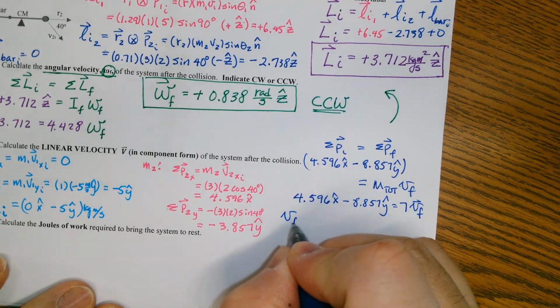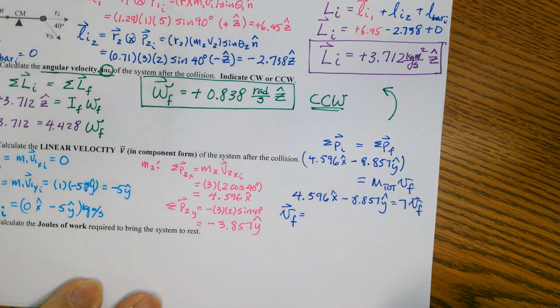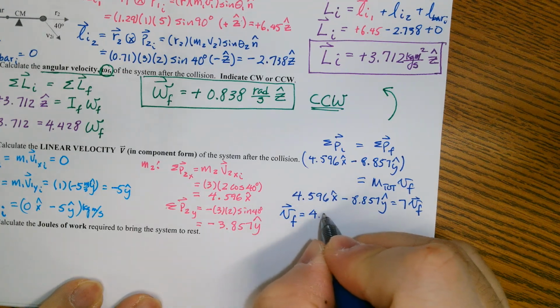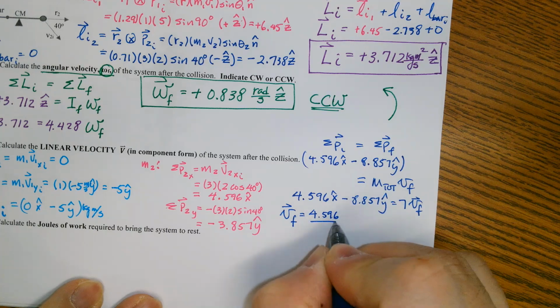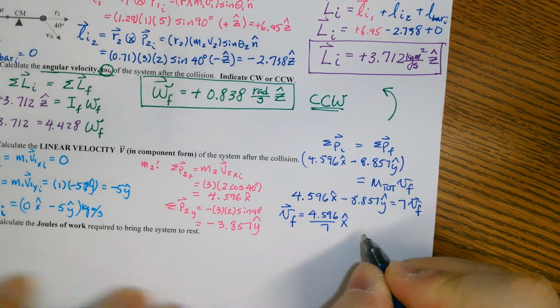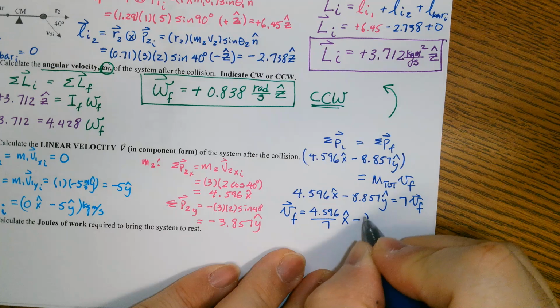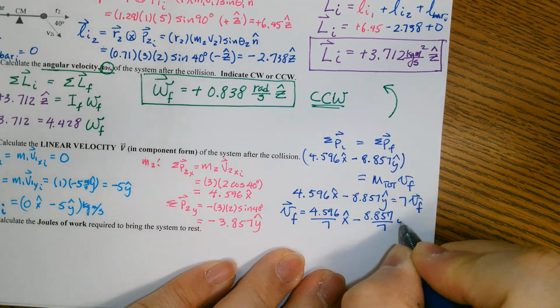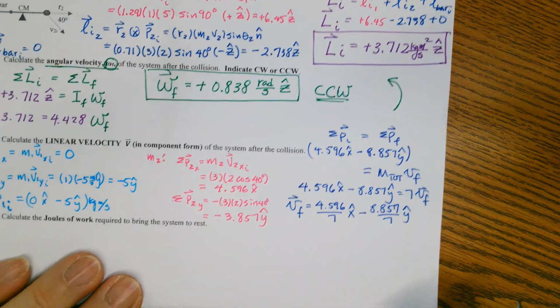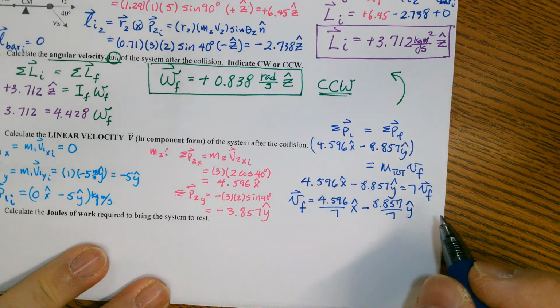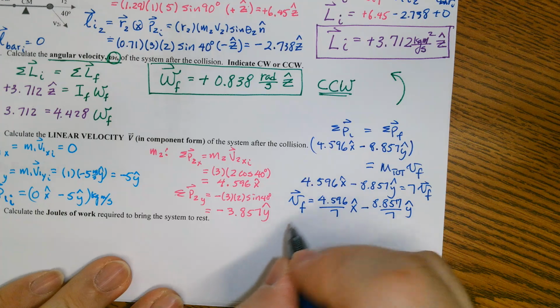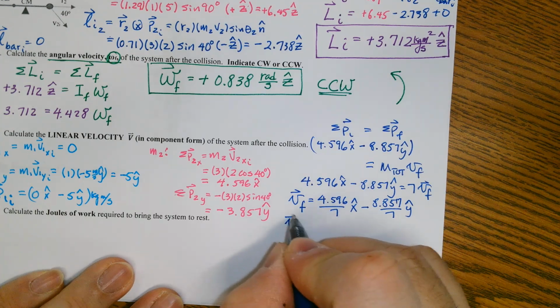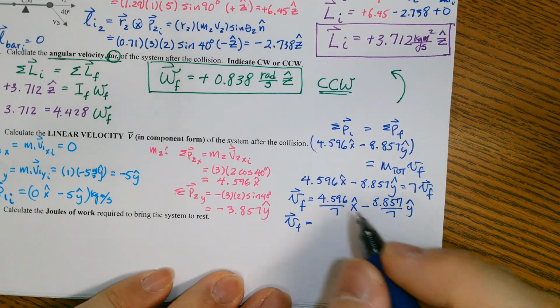So my Vf is equal to 4.596 over 7 x hat minus 8.857 over 7 y hat as my velocity. So if you want to, you can actually put this in digits. Just use your calculator.